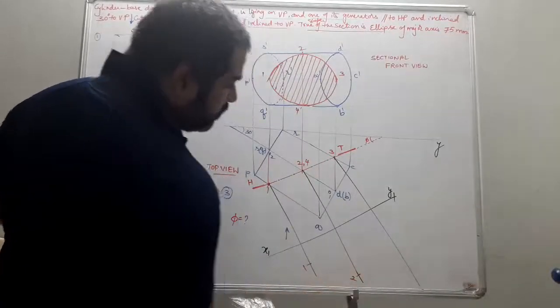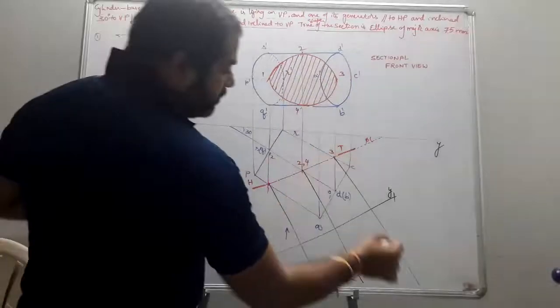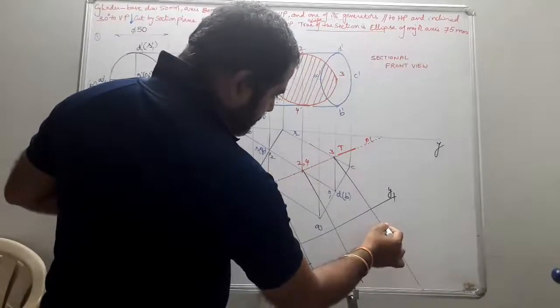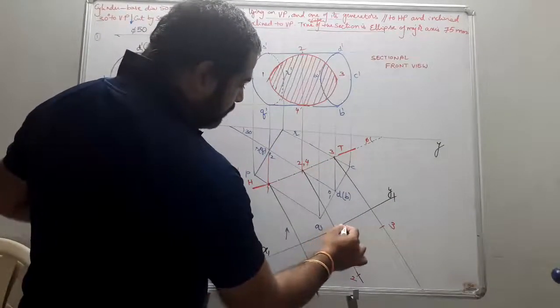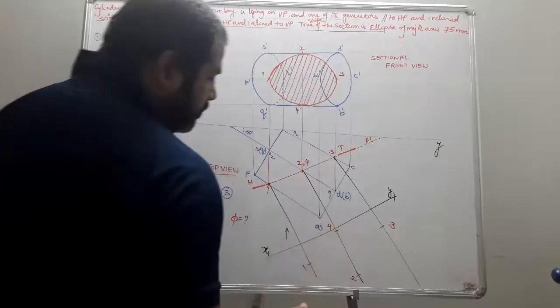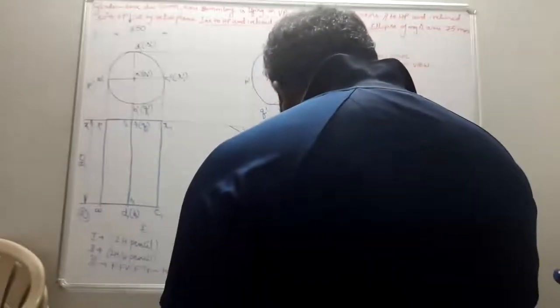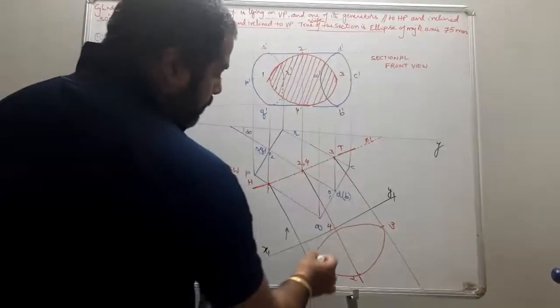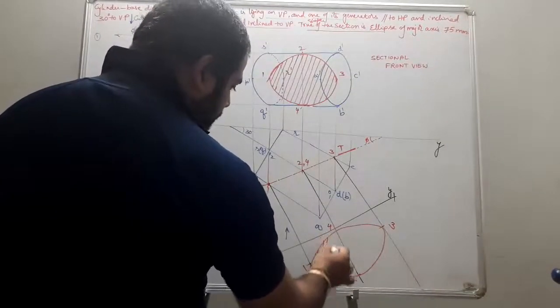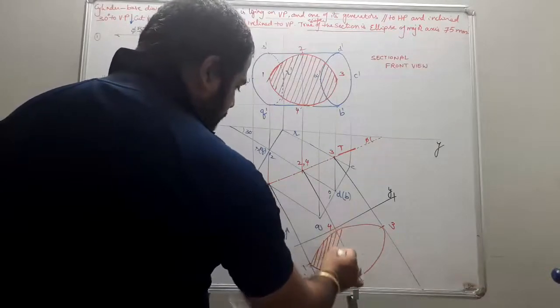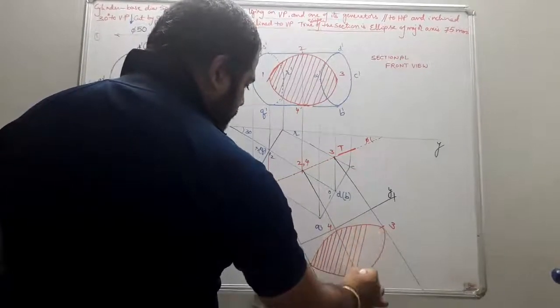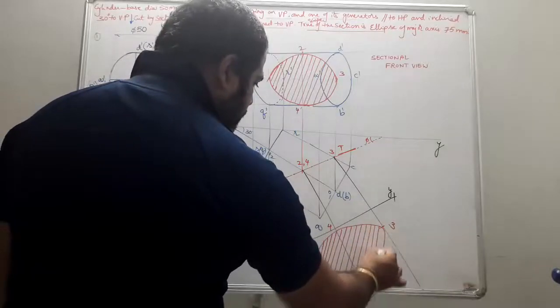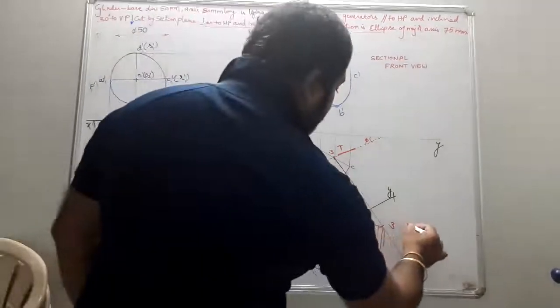So this becomes your 2. Next, this was your 3, and this was your 4. Now join all the points.